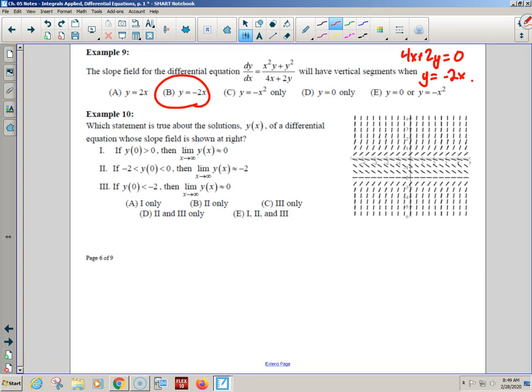Oh, but this one gets a little more interesting. Oh, wait a minute. Okay, they're talking about -2 and +2. So maybe I should just mark those. So there's +2. Here's -2. Here's 0, right? And I'm just doing that because I see 0s and -2s and +2s.